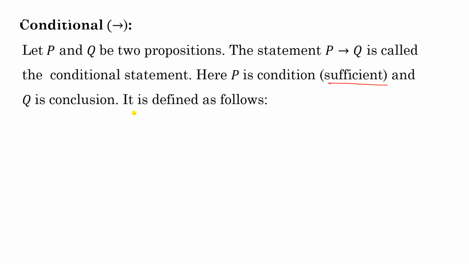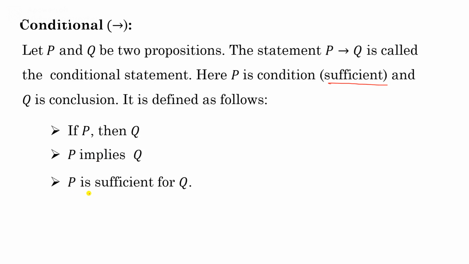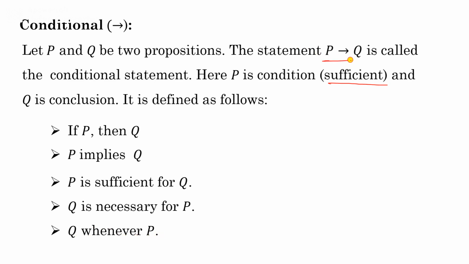Now we have other ways to define P implies Q. We can write this as if P then Q. Another way is P implies Q. Another way you can write it is P is sufficient for Q. As I told you, P is a sufficient condition for Q. Now another important thing: if P is sufficient for Q, then it means Q is necessary for P. So we can write it another way, Q is necessary for P. And finally, another way you can write it is Q whenever P. So this conditional statement P implies Q can be written in one of these ways.